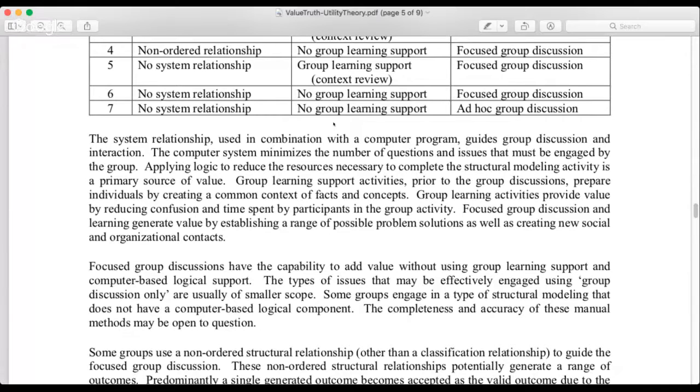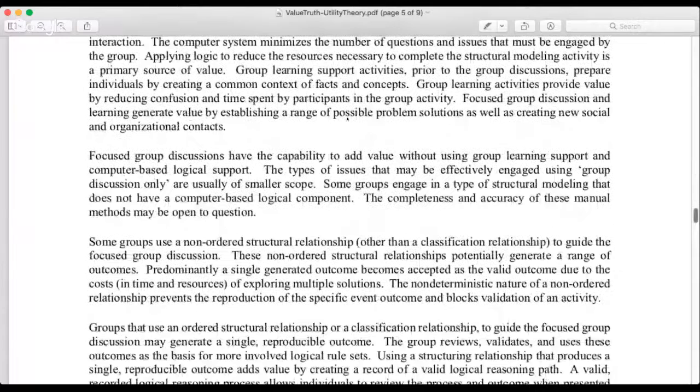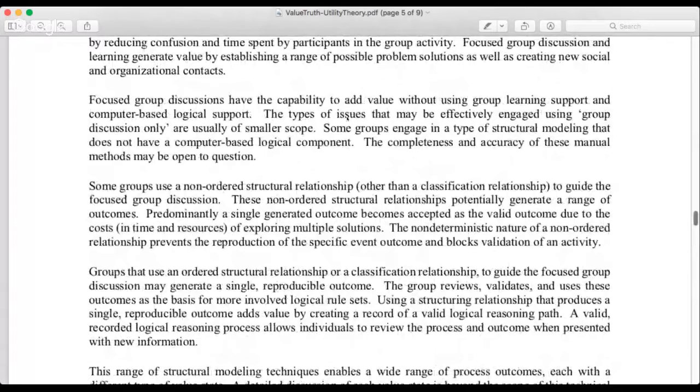The idea of focus group discussions has the capability to add value. And some groups use non-ordered structured relationships. Some groups say they do ISM, but they don't use the computer logical component. I think some of the fellows in India do that.